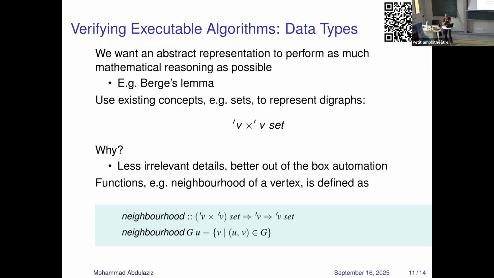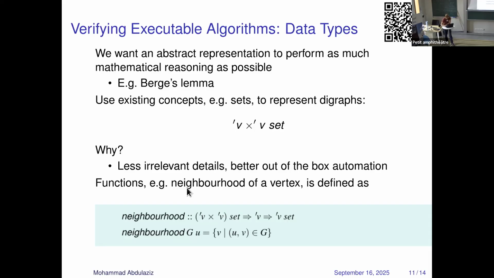So you need a representation, as I said, that works well for abstract mathematical reasoning, for example, proving Berge's lemma. And what we found, and I think what most people believe, is that the best kind of representation to do this kind of mathematical reasoning is just using the default set representation in your proof assistant. So for example, here, a directed graph is just a set of pairs of vertices.